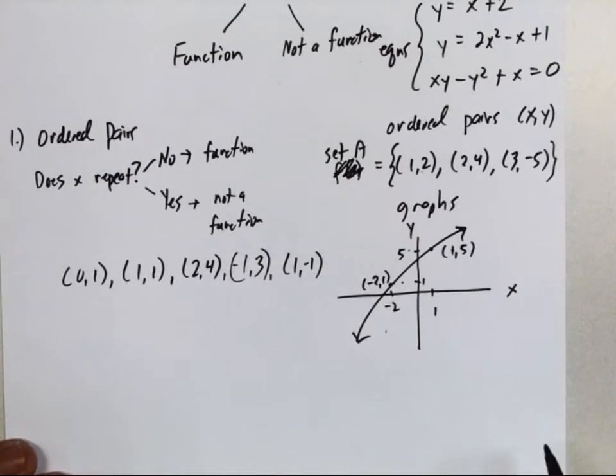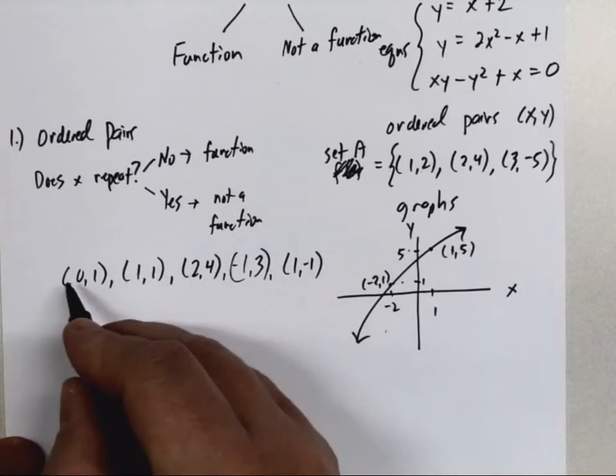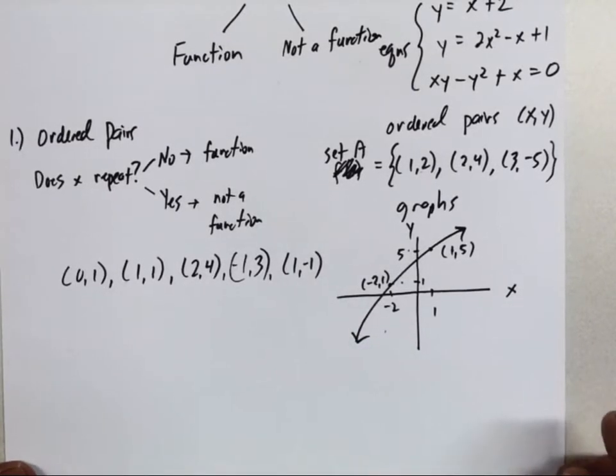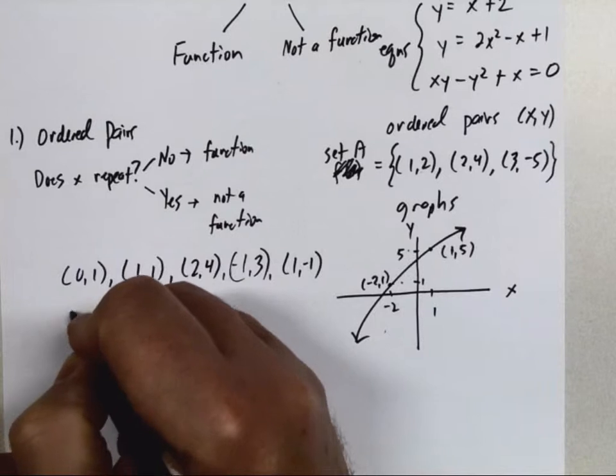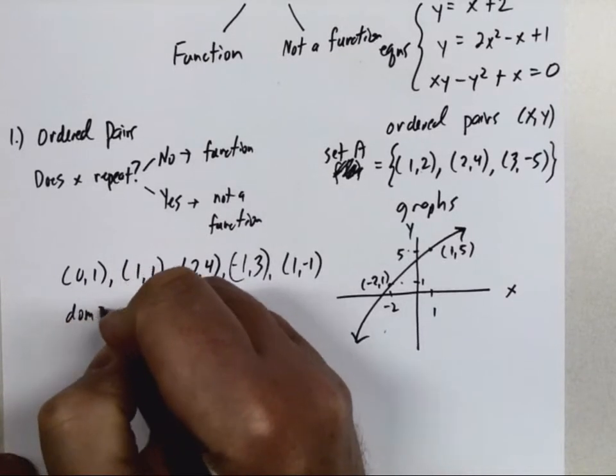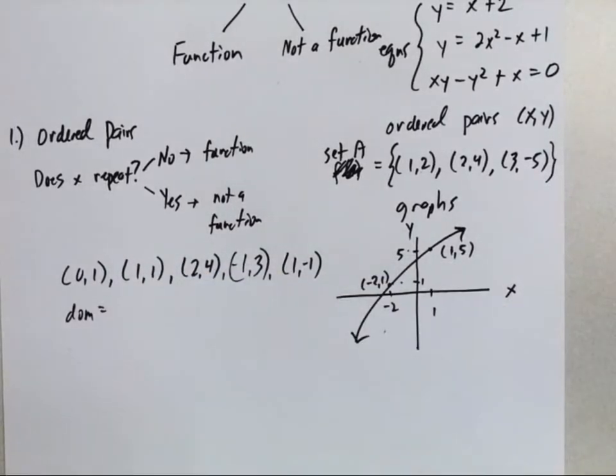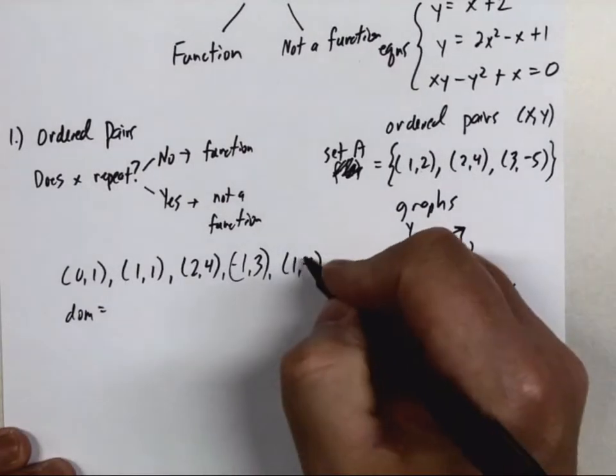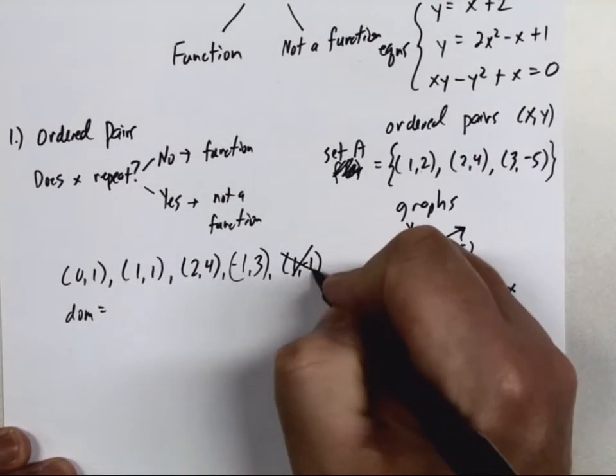Now what's interesting, just real quick, maybe you've never thought about this before. You know the whole idea of domain and range. Domain, we call all the possible values of x, and range are the possible values of y. So that's why we've got this here. What if you were asked, what's the domain of this relationship? Let's go ahead, for now, let's eliminate this.